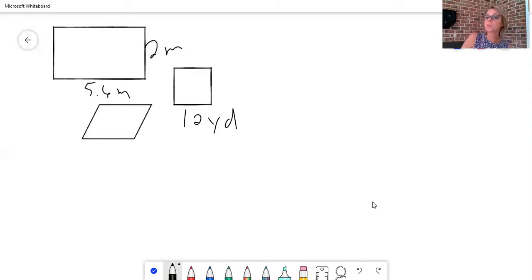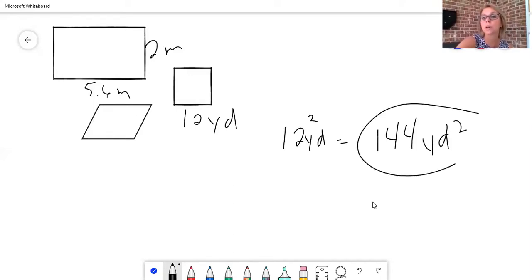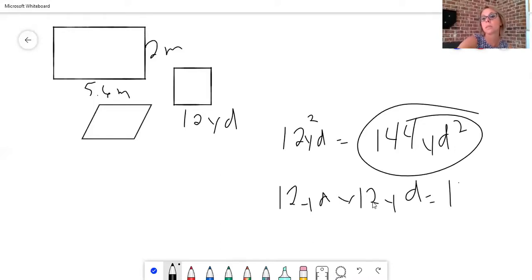So what's 12 squared, or 12 times 12? That would be 144 square yards, okay? So if you want to write 12 yards times 12 yards, you can. Either way, same thing, it's going to be 144 square yards.